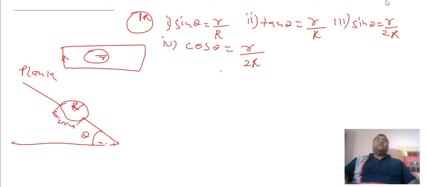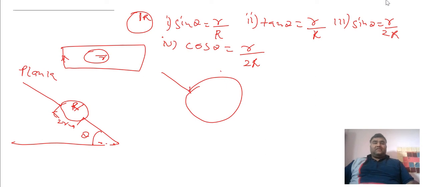Now I am going to explain exactly what we will do. I told you all the information we have. Now let me draw the actual picture, like how it will work out for us. So this is suppose my sphere.